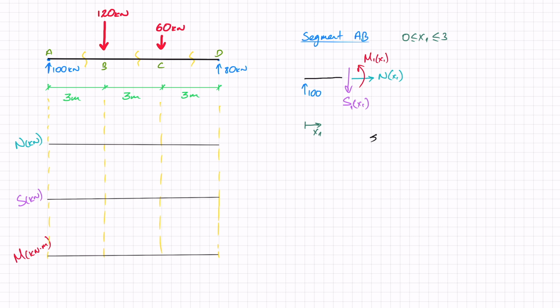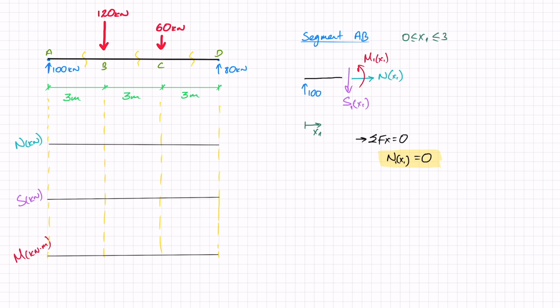We'll start off with the sum of forces in x equals 0. In this case, I've got my N1 and nothing else, so that works out as 0. I'm writing this subscript 1 because it's my first cut and I want to differentiate from any forces that I'll find and their function potentially of x1, this distance.